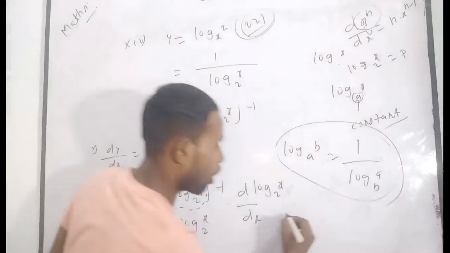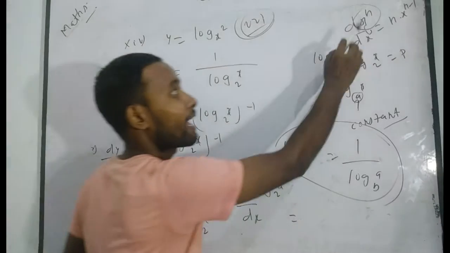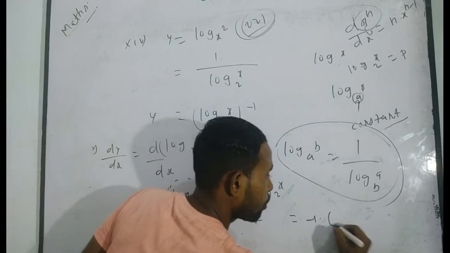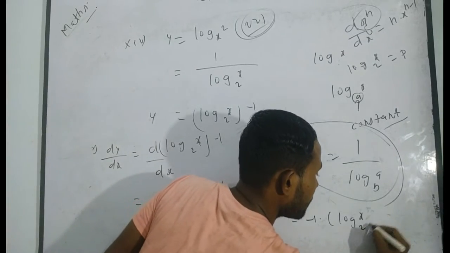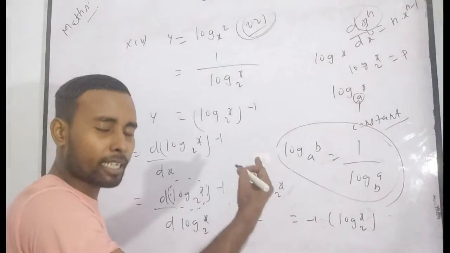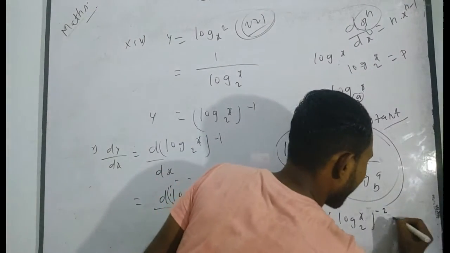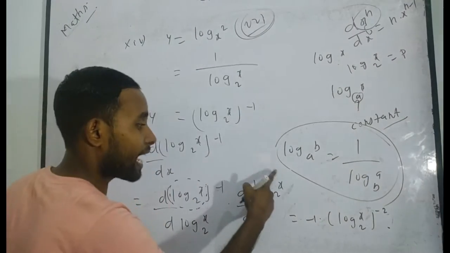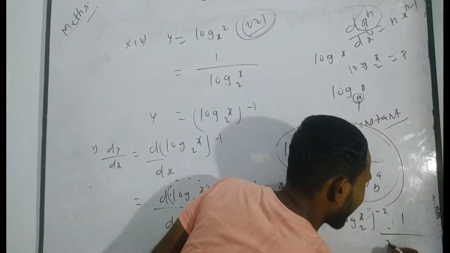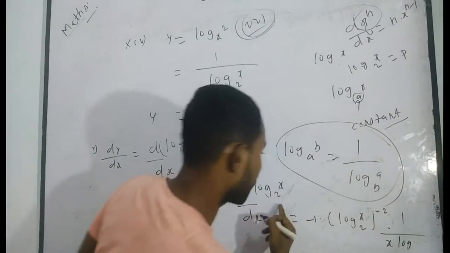Have you understood? Now what is the formula? n into x to the power n minus 1. That means minus 1 into (log x to the base 2) to the power minus 1 minus 1, that means minus 2. What is the value of the derivative of log x to the base 2? It becomes simply 1 upon x log 2.